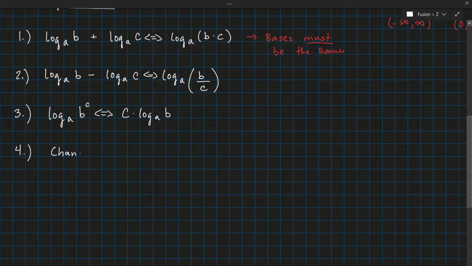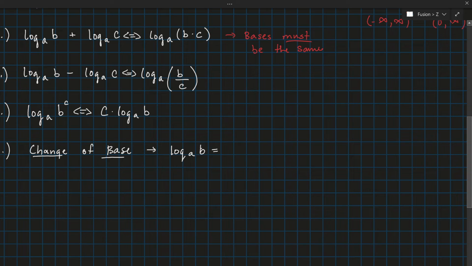There's one called the change of base. This is important because it allows you to plug in any log into a calculator. So let's say you have log base A of B, normal. This is equal to log, we'll say base 10.